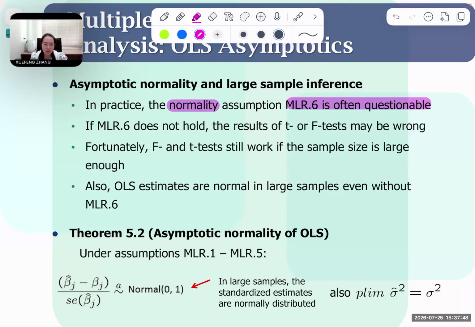But here is the good news, and it's the main message of this slide. The t-ratio and f-test still work fine as long as the sample size is large enough. And more than that, OLS estimates themselves become approximately normal in large samples, even without assuming MLR6 at all.